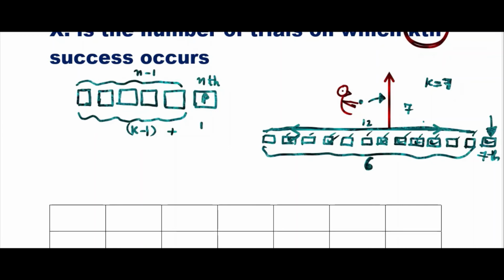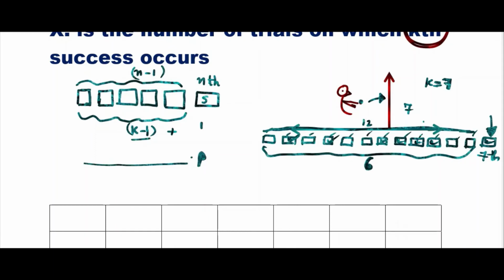This is a success, let me write S here. What is the probability? This should be a success, so the probability I will write P. P is the probability that you will get a success here, and this one you have to find any k minus 1 from n minus 1. 6 you need to get out of 12, then the last one, then you stop here.